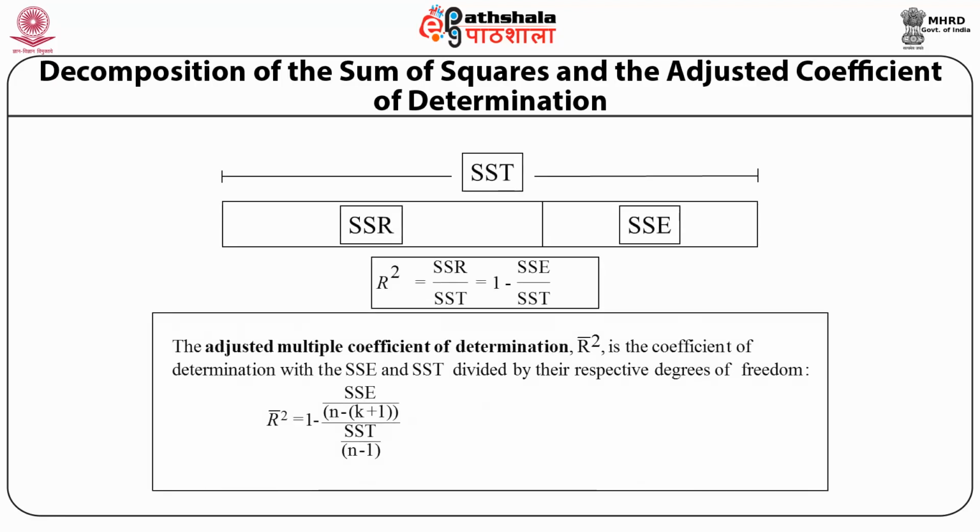This slide will give you a synoptic view of the total variations, which are decomposed into two portions: variations explained and variations not explained. Explained variations can be calculated using the R square, and here you see one more thing, the adjusted multiple coefficient of determination.